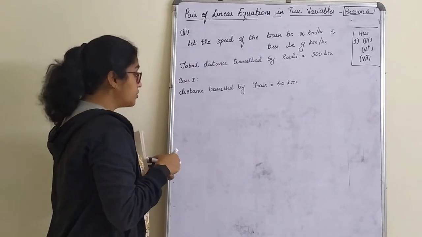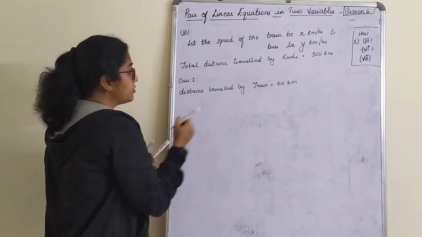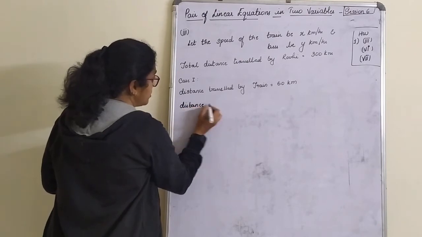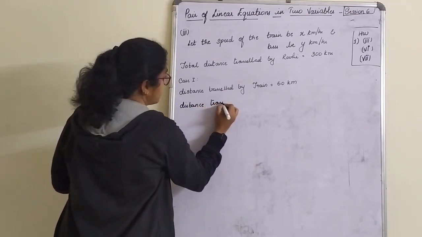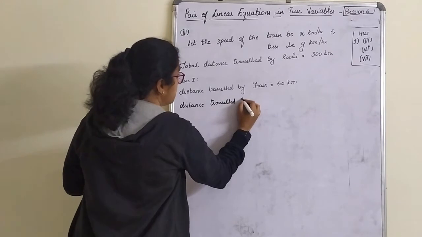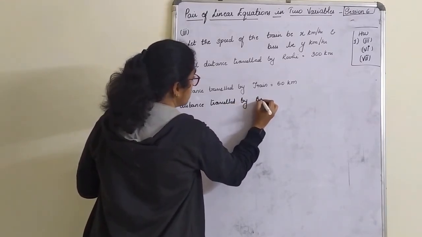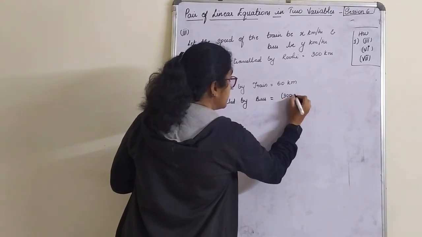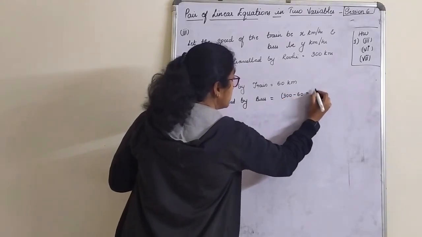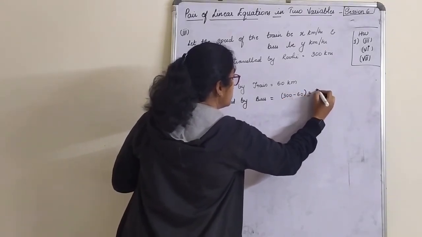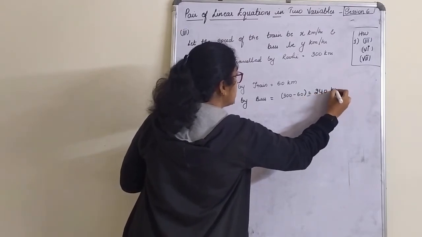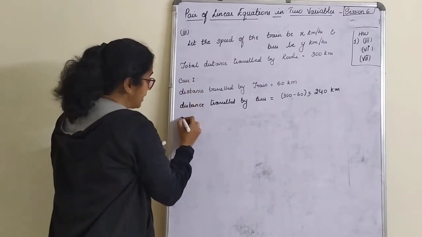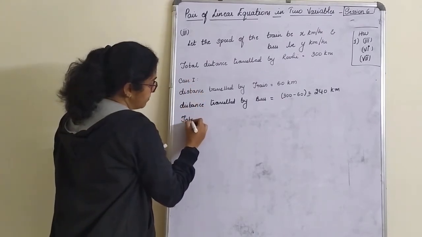Now, if she is traveling 60 kilometer by train, then distance travelled by bus will be how much? By bus will be 300 minus 60, that is equal to 240 kilometer. This is by bus. Time taken. Total time taken.